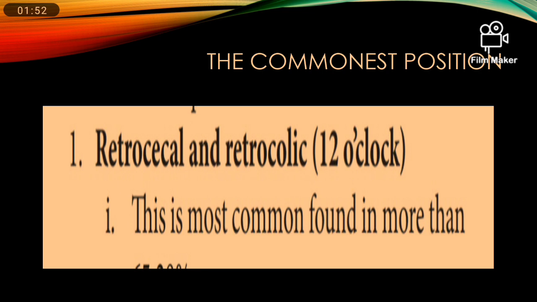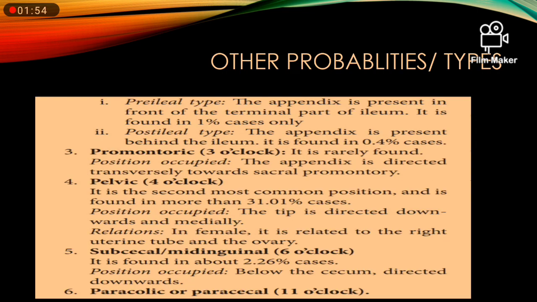Now apart from this, there may be the parailiac type, which is very rare, 1%. It is present in front of the terminal part of the ileum. Then the posterior ileal type, where the appendix is present behind the ileum, which is 0.4%.